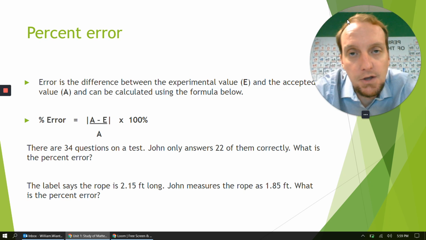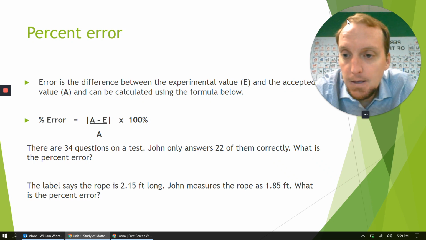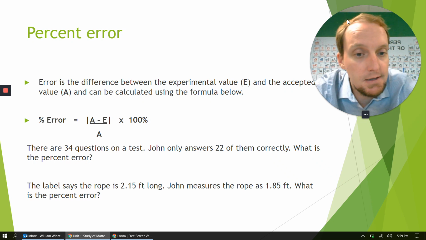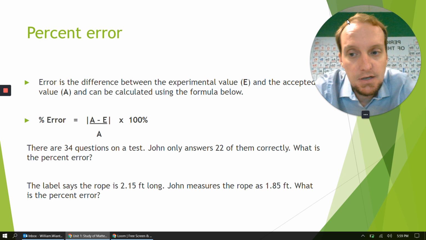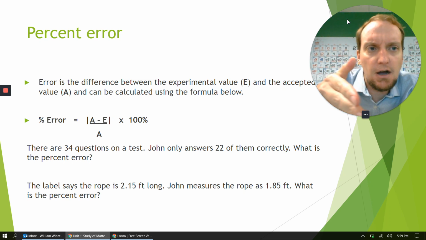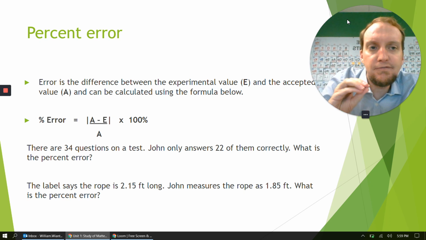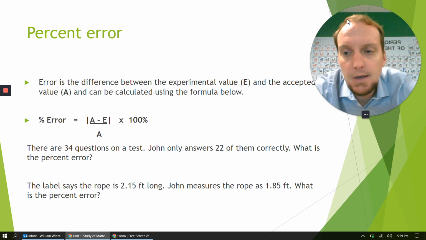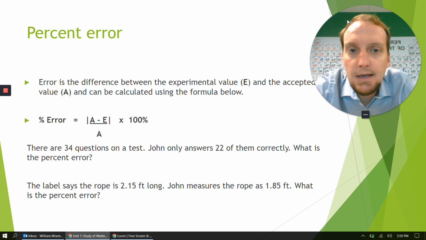Okay? The next one says, the label says the rope is 2.15 feet long. John measures the rope to be 1.85 feet. So basically, how far off is he from actually being correct? Now, we could just subtract that and say, how far is he off? That's not what I mean. We want to find what percentage he is off, right? That's a little different. So, again, the accepted value would be the real value, 2.15 feet.